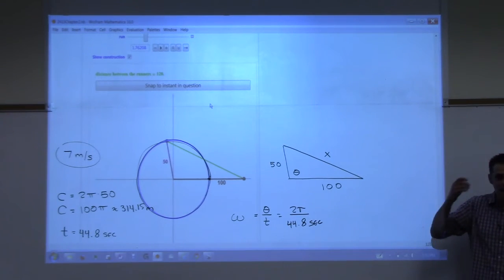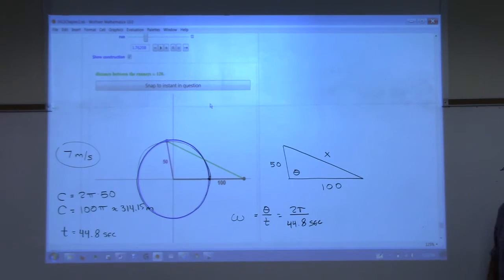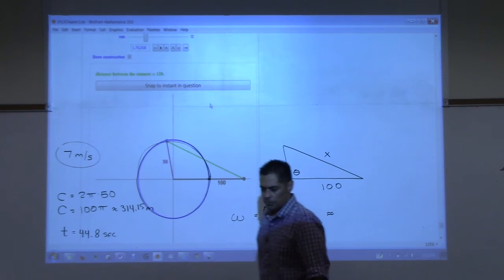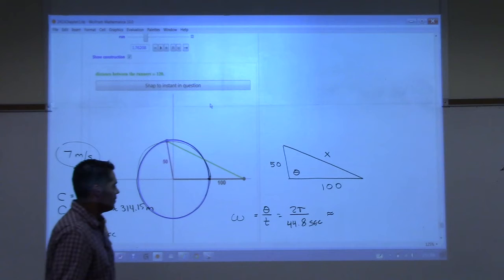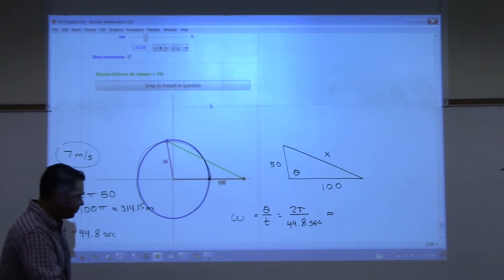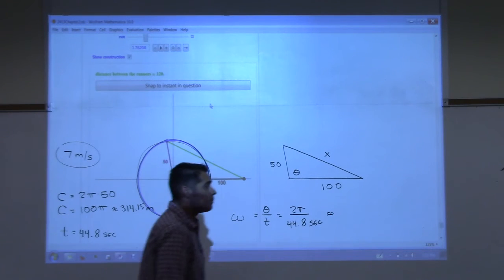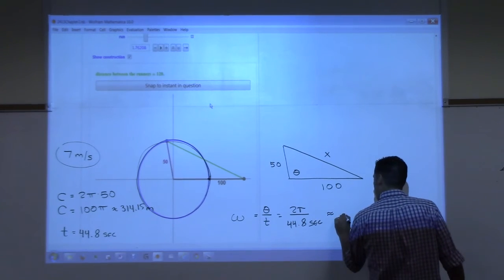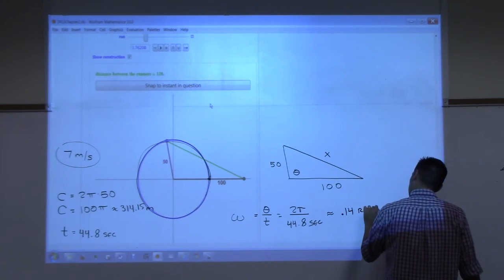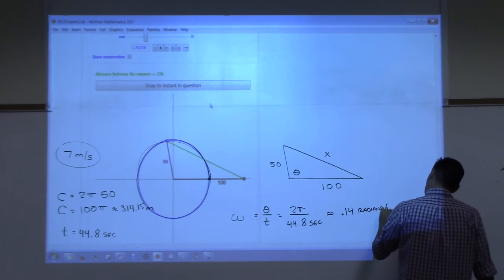So do 2 pi divided by 44.8 seconds, and you're going to get your angular speed. What do you get? 0.14? Yeah. 0.14 radians per second.